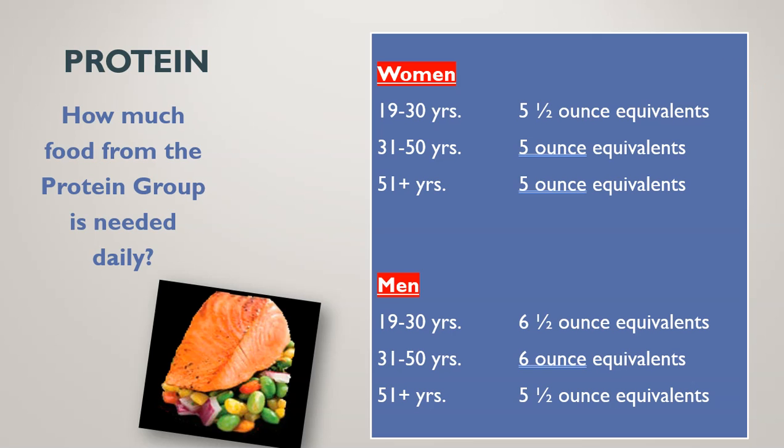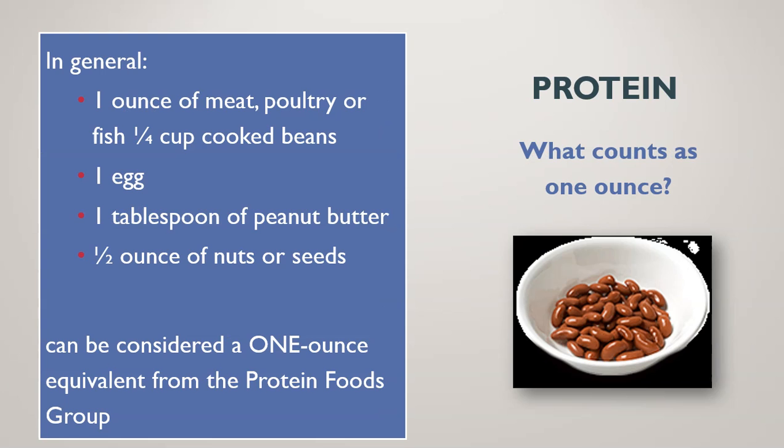So we'll get more specific later on, but what this is saying right now is, make sure you consume, depending again on age and sex, anywhere between 5 and 6.5 ounce equivalents. And let's go ahead and look and see, well, what the heck does an ounce equivalent translate into?